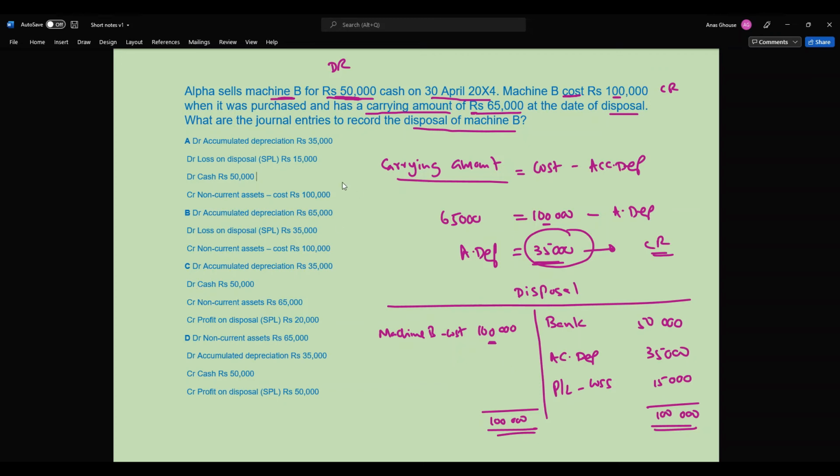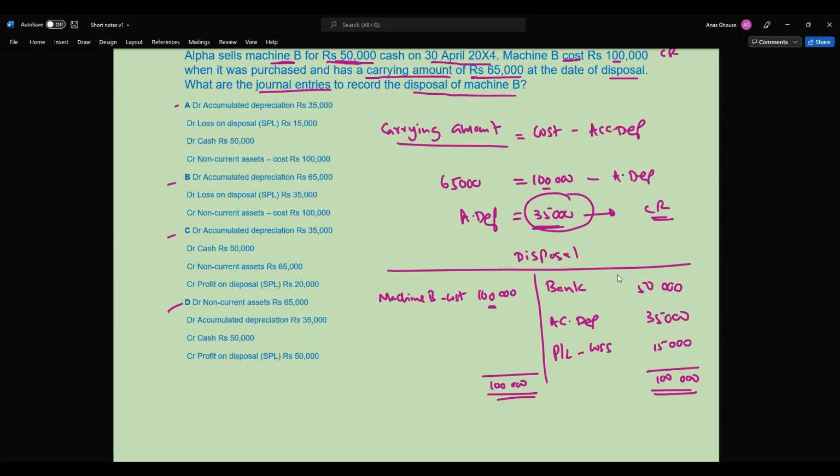Since you are required to show the journal entries, you are given 4 answers. The correct answer will be the opposite of the entries in the disposal account. For example, the disposal account is debited 100,000, so you need to credit the asset account, the non-current asset.